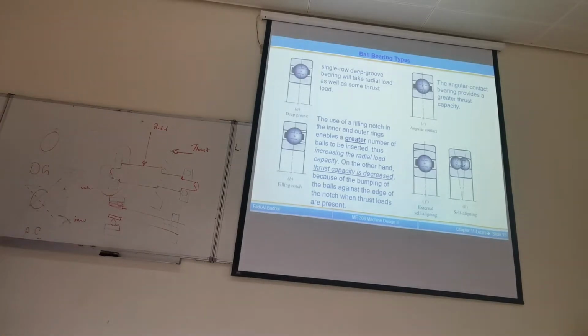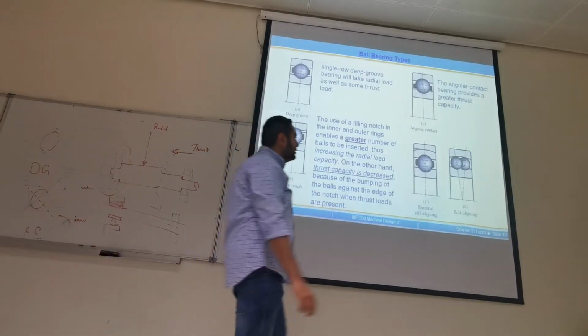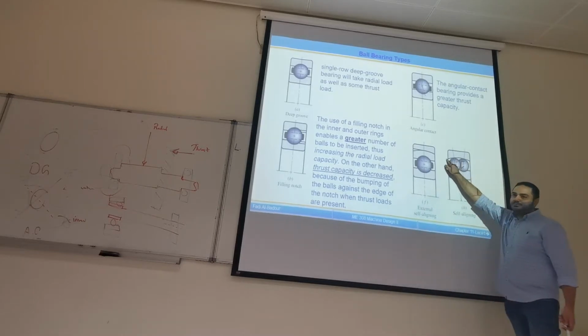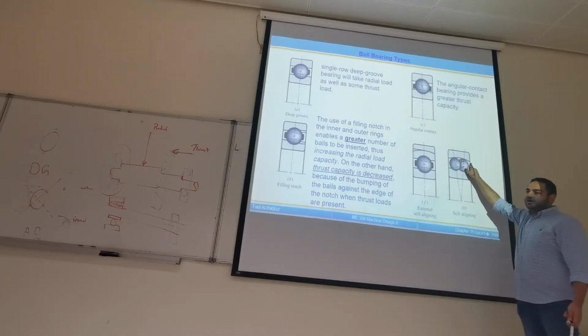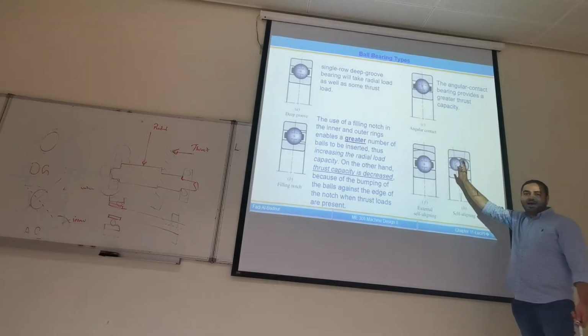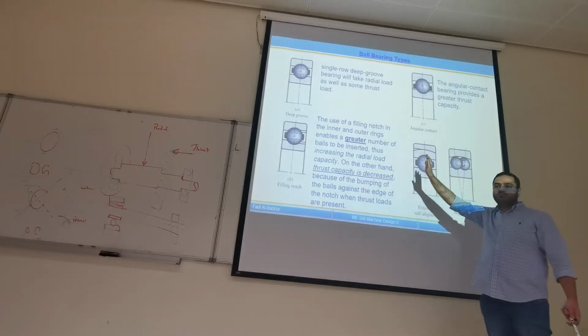Now for self-aligning bearing without an external device, the idea is that the groove is made wider. Okay, so the groove is wider. In this case, the rolling element inside has the freedom to go sideways.